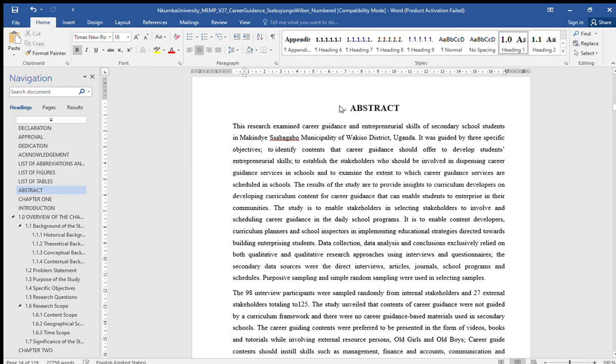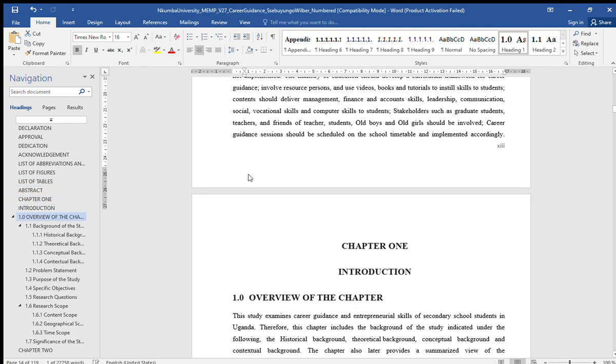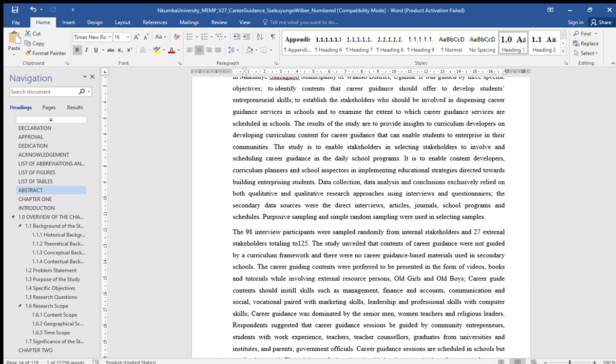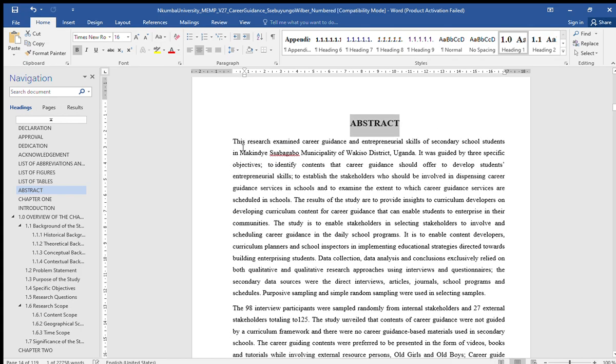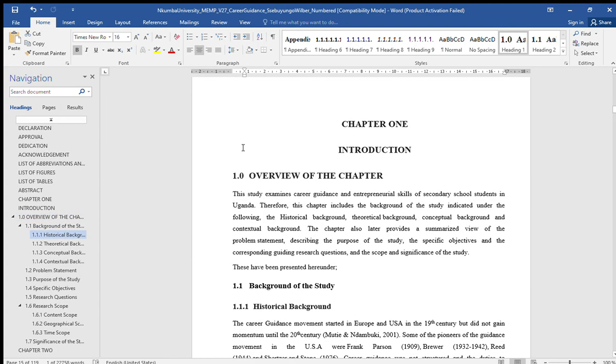You are stealing some people's work, which we call plagiarism. So just for your note, a research proposal should not have an abstract. So from tables, you can now go directly to chapter 1.